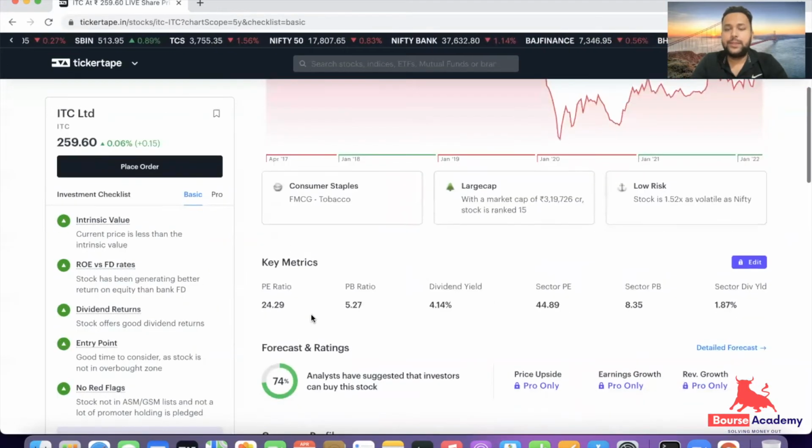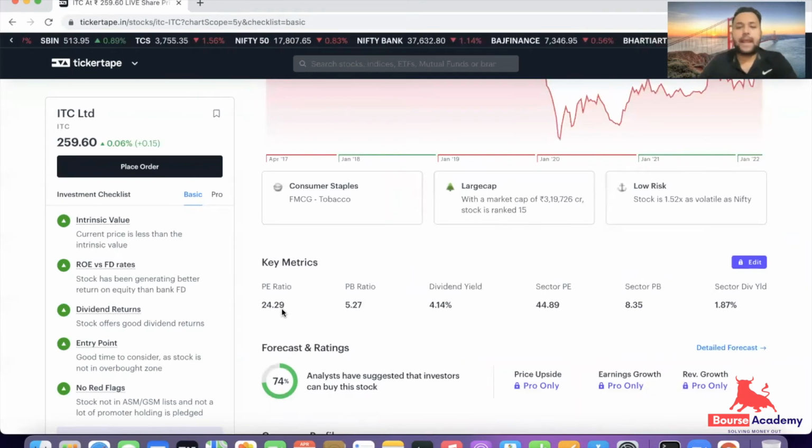Then once you go here, you can also see the price to earning ratio. My dear friends, we have also made a video on the price to earning ratio. Those who have not seen it may go to our channel and watch the video on what is price to earning ratio. We will try to explain it briefly: the price to earning ratio gives an idea about how the price of a stock changes with respect to its earnings.